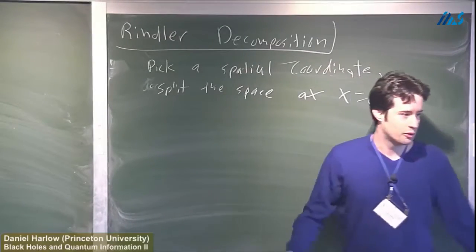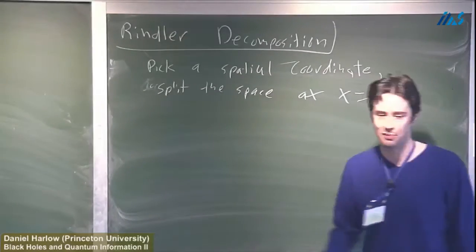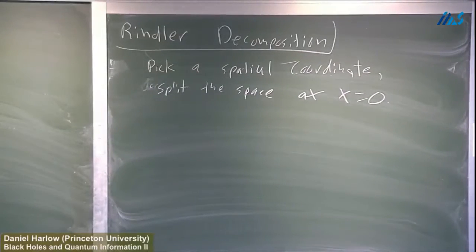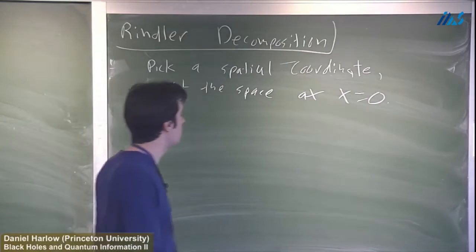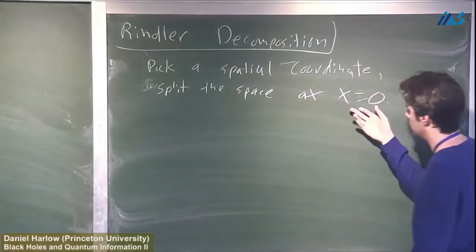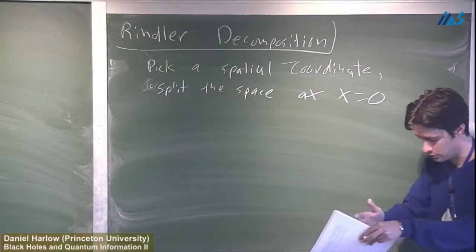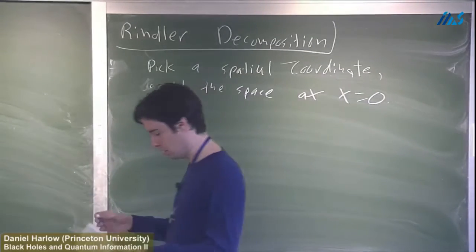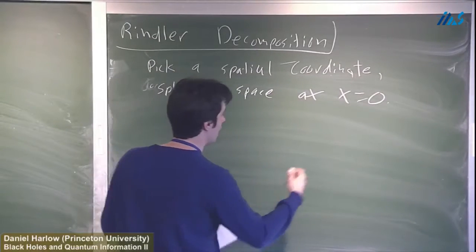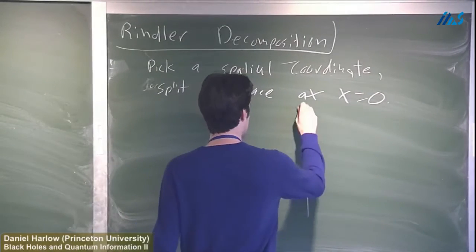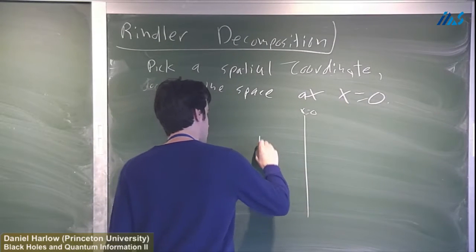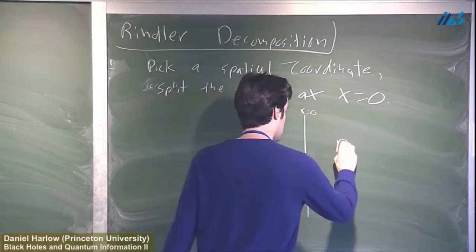So in 4 dimensions, x equals 0 is a 3-dimensional surface. But since we're trying to describe the state, we're going to just work in a given spatial slice. So then x equals 0 just breaks it into two infinite cubes, if you like. And then we're going to try and describe the entanglement. So let's say this is x equals 0. We'll try and describe the entanglement between the region to the left and the region to the right.